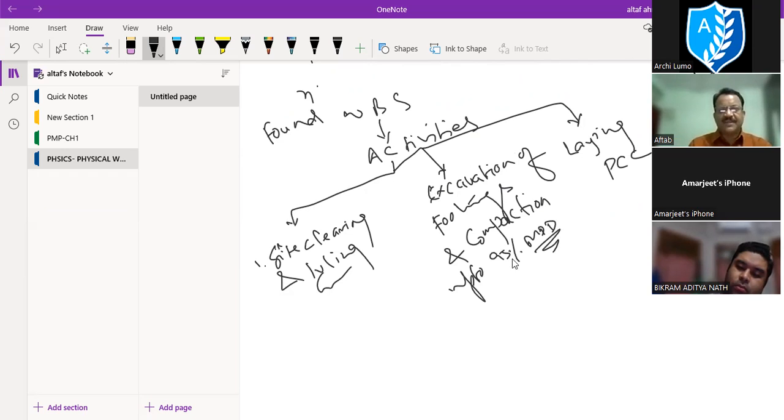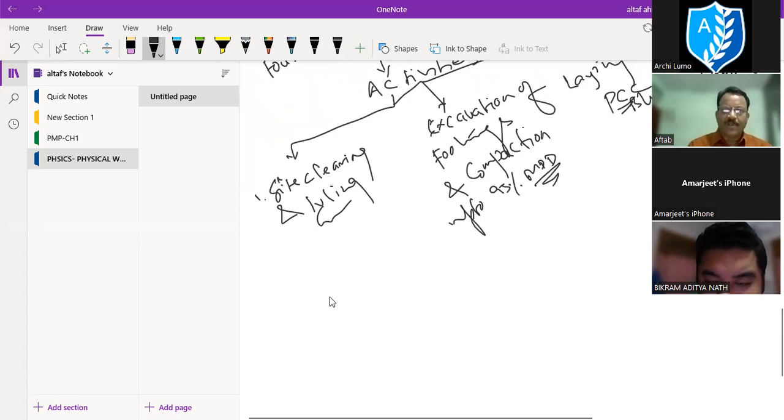So after excavation and compaction of the footings, we are going to lay plain cement concrete or blinding layer. In the Gulf, it is called blinding layer, and here it is called PCC, plain cement concrete. So what is that 95% MDD?